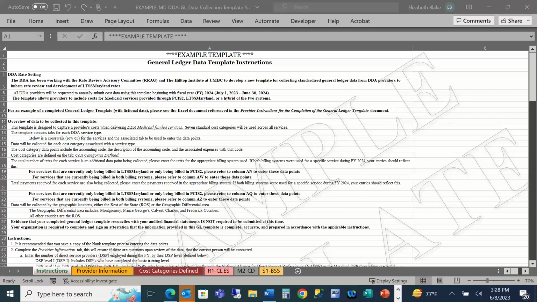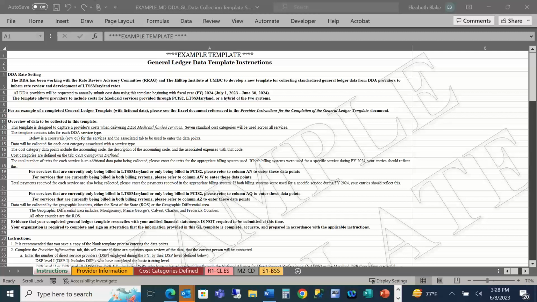Great, thank you. There are a few comments related to the DayHab collection tool versus the general ledger collection tool as it relates to the guidance given around overtime. I would just remind everyone that the data collection tool that is due tomorrow is a different tool, has a different purpose, and was put together by a different group of people.